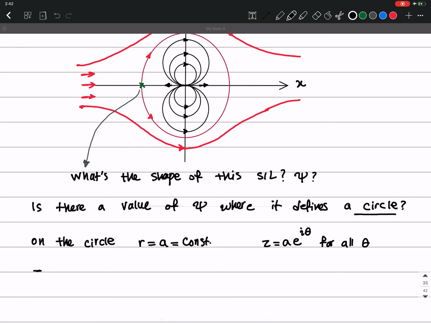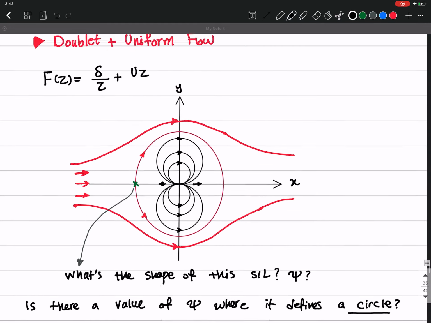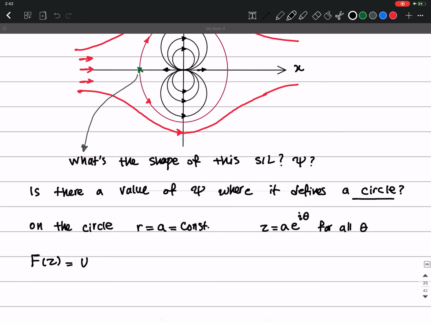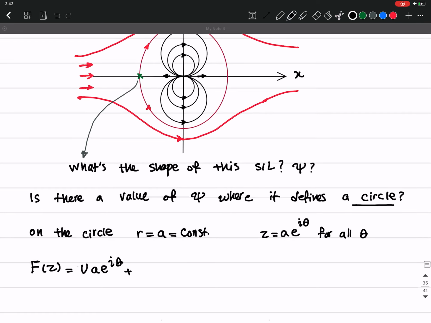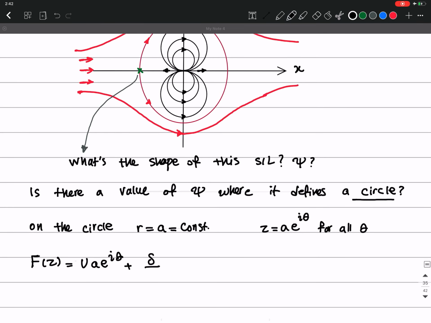So I can write the complex potential around that circle as: instead of Uz, I can write U a e^{iθ}, right, this is z, plus delta over z, which is going to be delta over a e^{iθ}. So I just write it as e to the minus iθ because it's in the denominator.